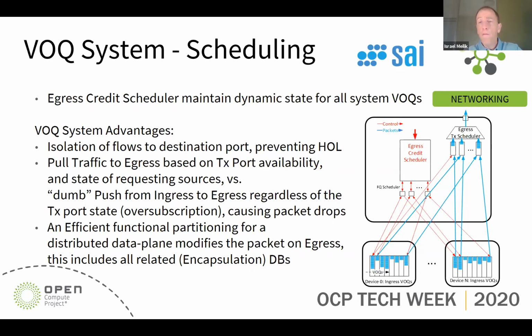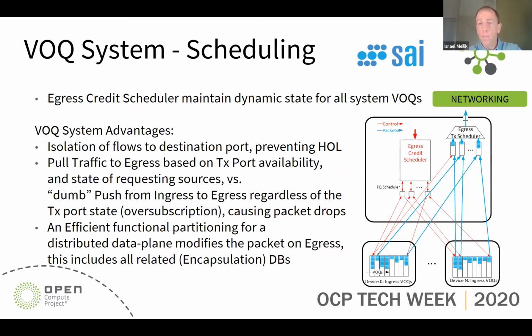So what we have is, on each and every egress device, we have an egress credit scheduler, and it maintains a dynamic database of all the queues that point to that destination. It maintains the status, meaning how much traffic, how many packets are currently pointing to that output.